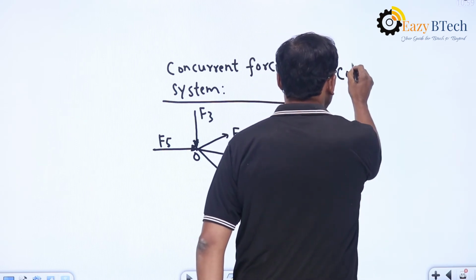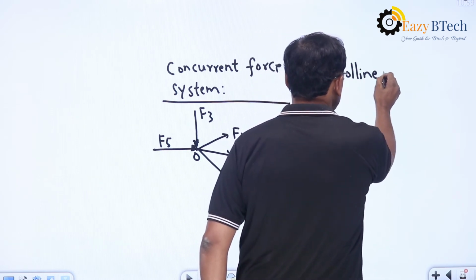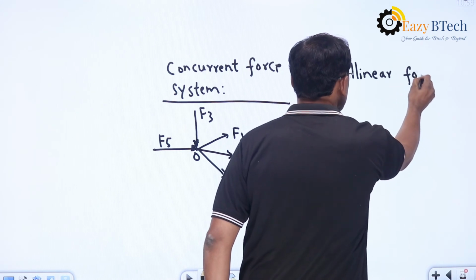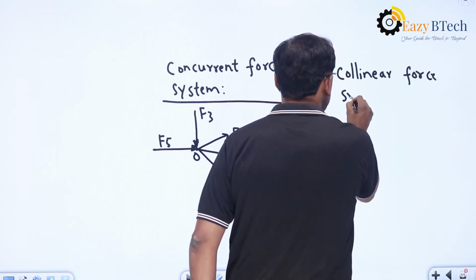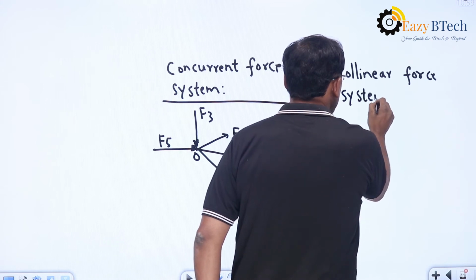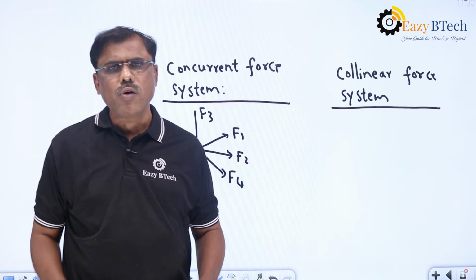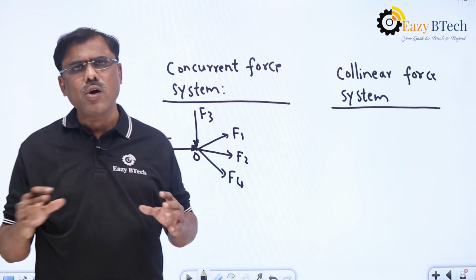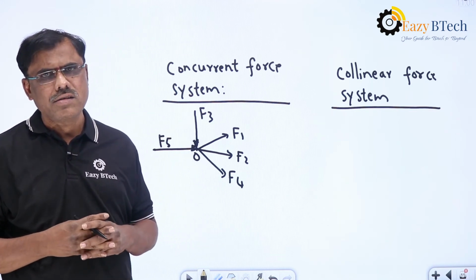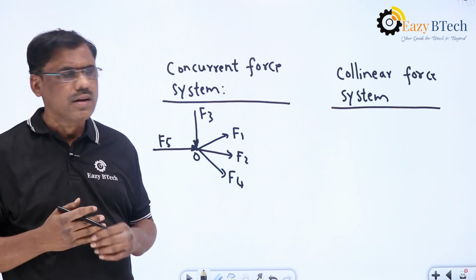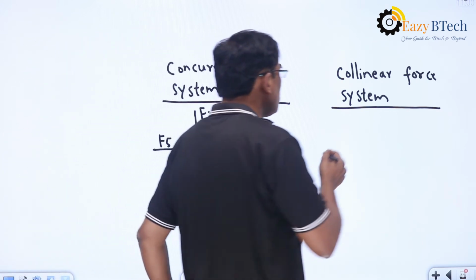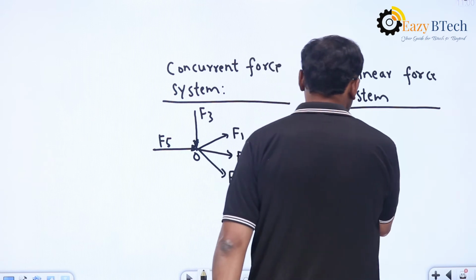Another one is collinear force system. What is meant by collinear force system? If all the forces are acting along a single line, same line, then they are said to be collinear force system.